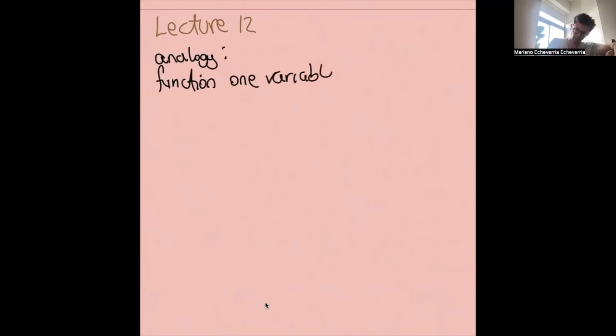The first thing I wanted to mention is let's start with an analogy. If you remember, when you had a function of one variable, there was the Taylor expansion.